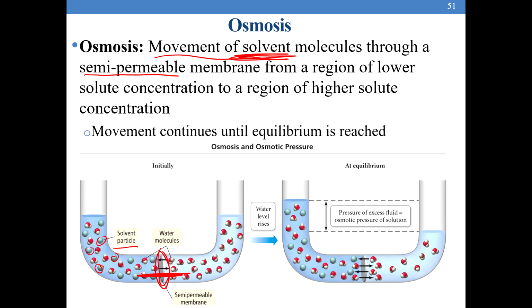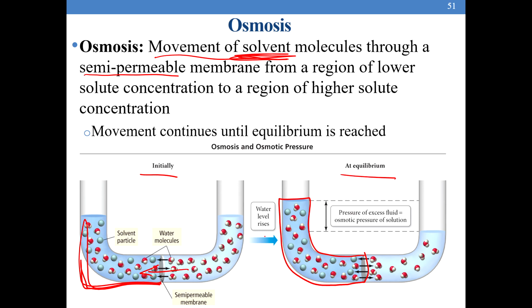The water is going to move so that the water is even on both sides. Since there is something else present on the left side of the left image, the water is going to shift to the left. That is why the image on the right shows the result after a certain amount of time: the level of water rises.